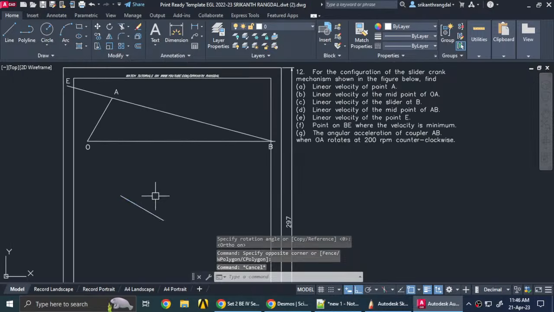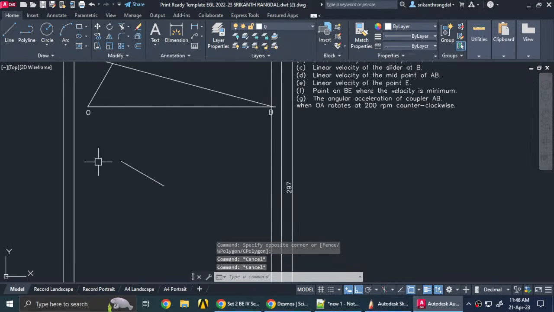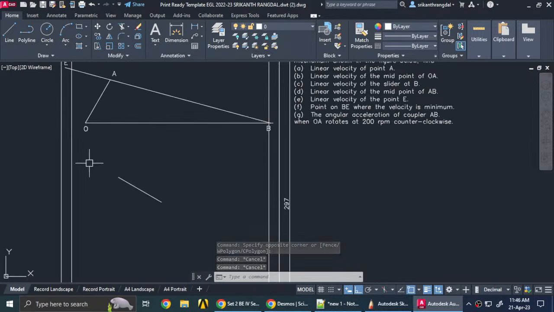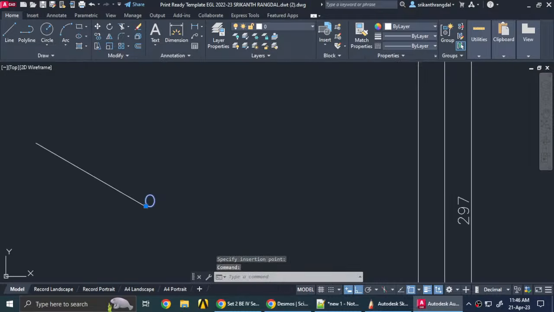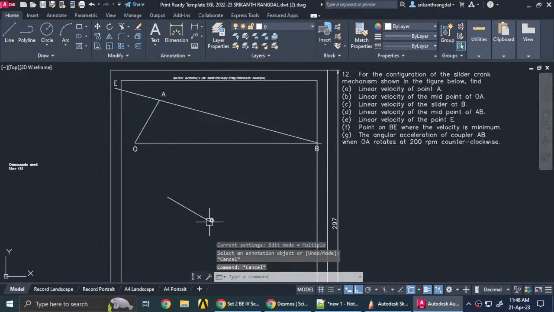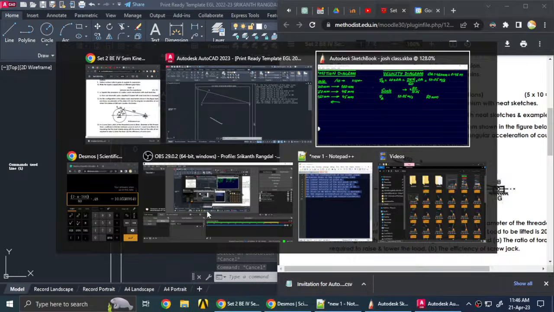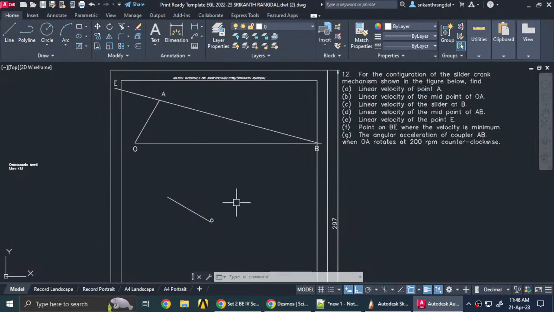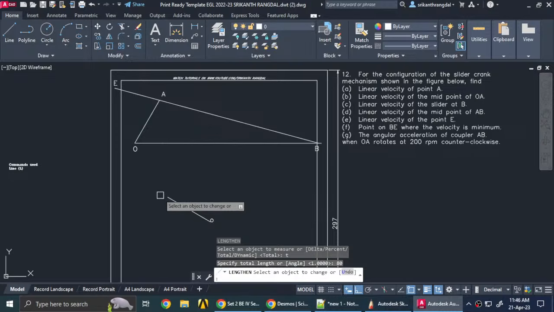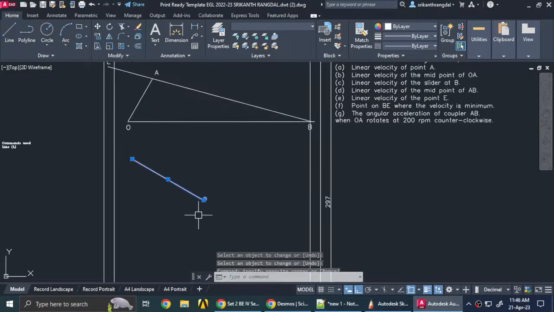This is my diagram, and it will be going in the backward direction. This side we will call small o. This is the point which is fixed, and this length we have to draw as 80 mm, as we decided.